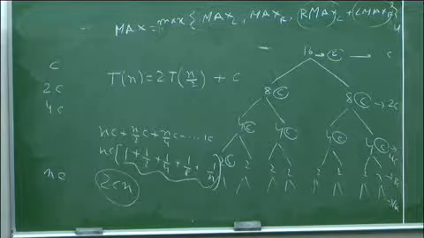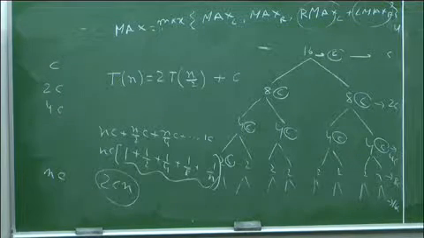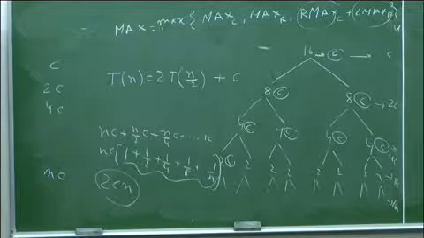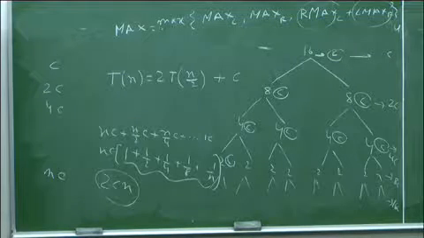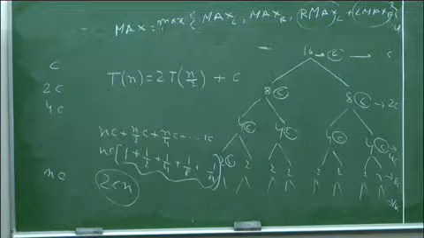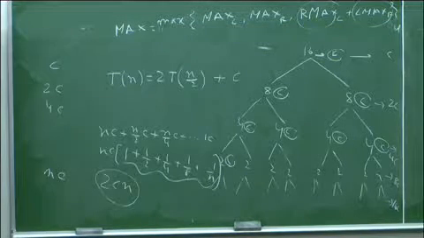So, now I have a linear algorithm to solve the problem. I started with the n cube algorithm, then I went to n square, then n log n, then order of n. Clearly, this is much faster than whatever we have seen before. If you have a million elements, the time requirement will be proportional to a million. If you have a trillion elements, it will be proportional to a trillion.